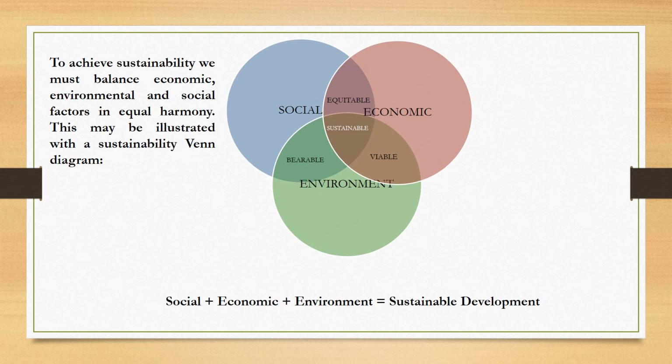To achieve sustainability, we must balance economic, environment, and social factors in equal harmony. This may be illustrated with the help of Venn diagram.